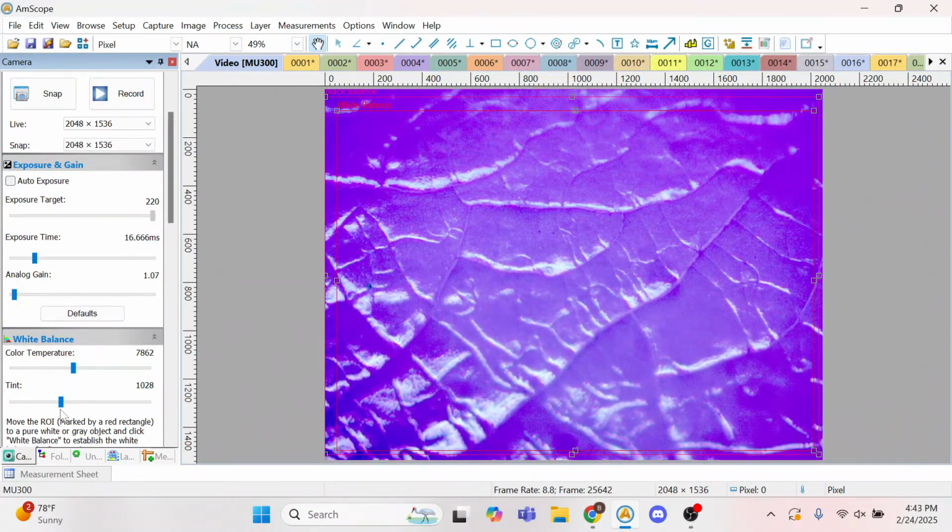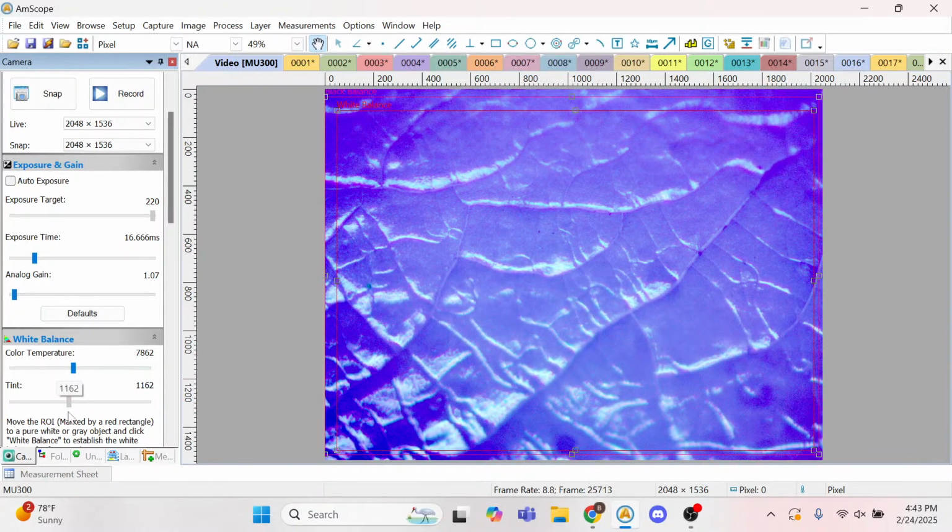So this is the inside of the egg, and I think it's still got some amount of its membrane attached. That's really interesting.